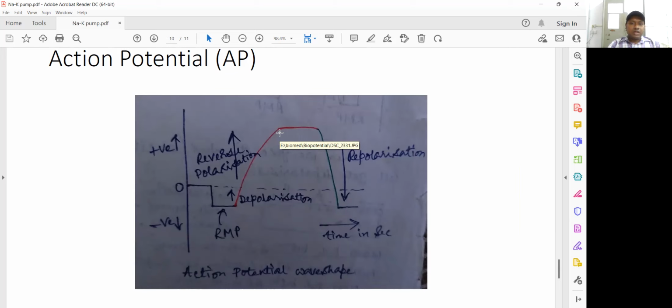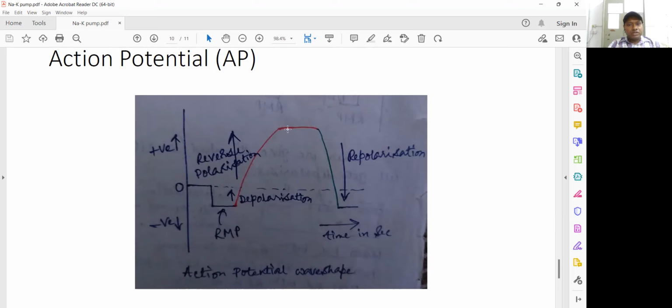We will not call it the RMP right now, it will have another value than RMP. At RMP it was minus 90, but while it is reverse polarized, it has got some positive value, that means greater than zero. Okay, it is reverse polarized.